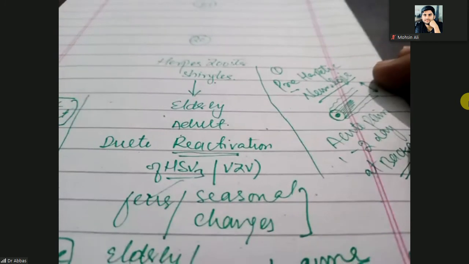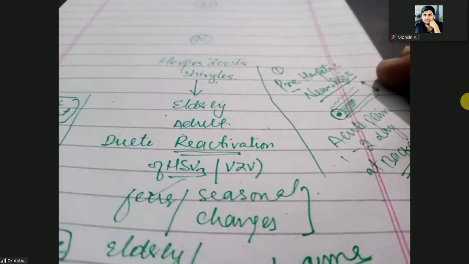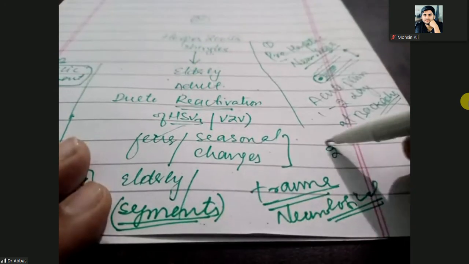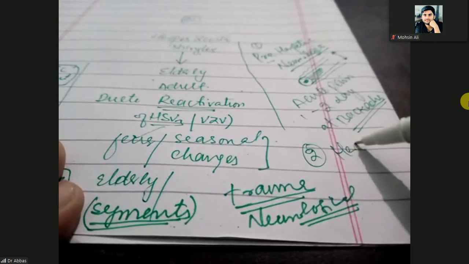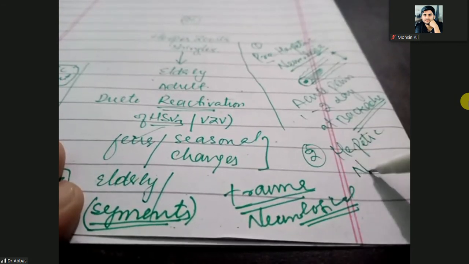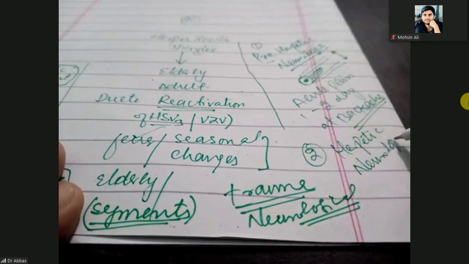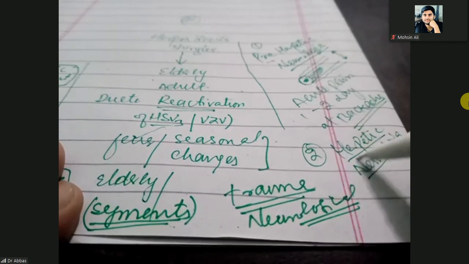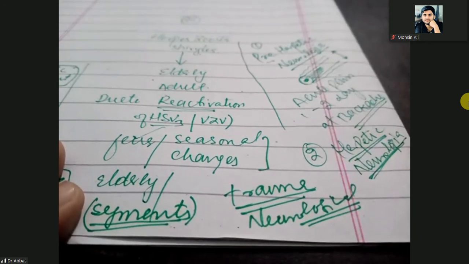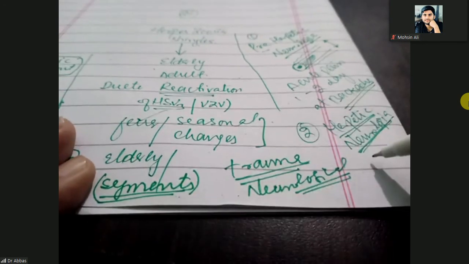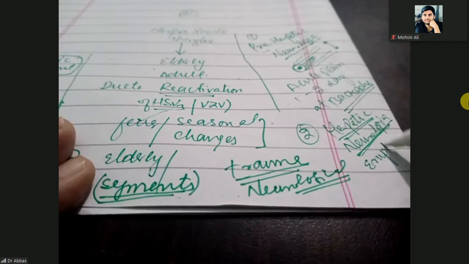After that, the herpetic neuralgia will start. So the second condition is the herpetic neuralgia. It means shingles appear. So there will be painful eruptions. Eruption will start.